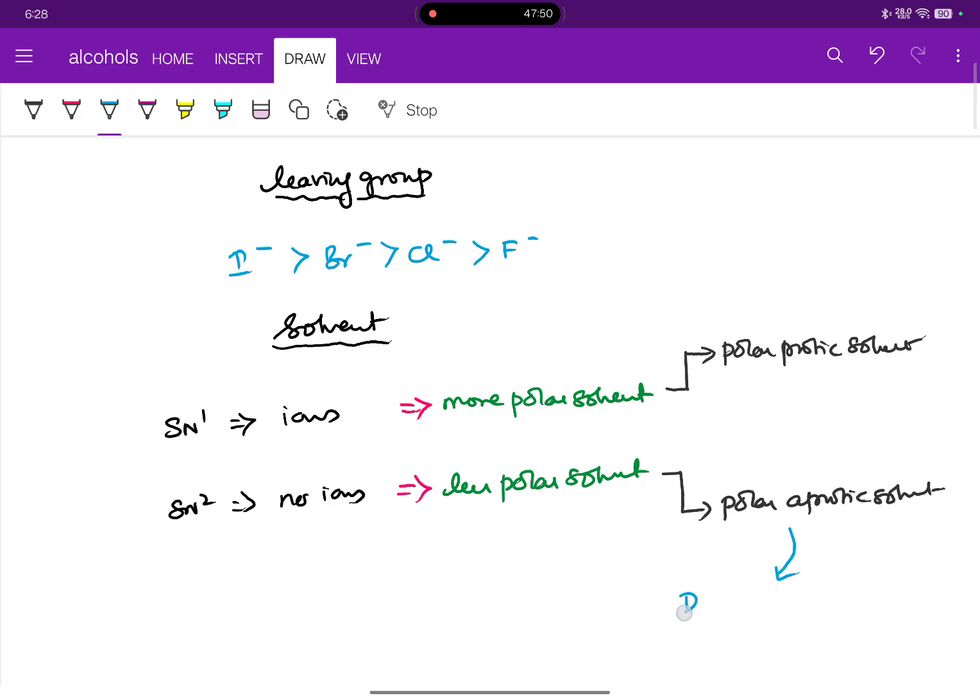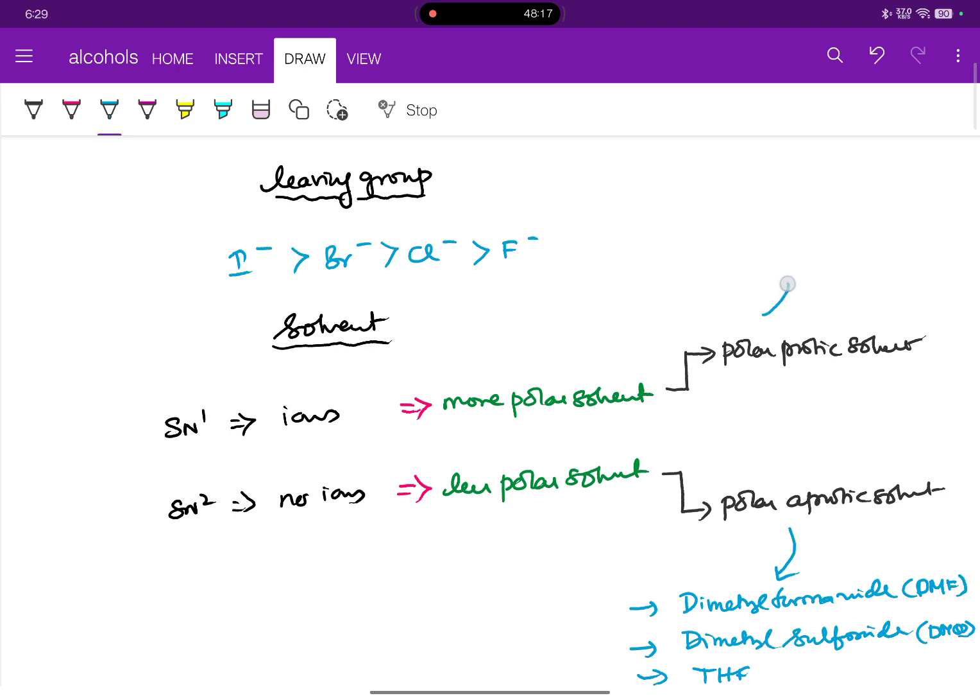We have dimethyl formamide, dimethyl sulfoxide, and tetrahydrofuran, shortened as DMF, DMSO and THF. These are aprotic. THF is not even really polar, less polar, but we can consider it. Polar protic solvents are ethanol and water. Better than THF is acetone, which is also polar but not so polar. So these are polar aprotic and polar protic solvents.